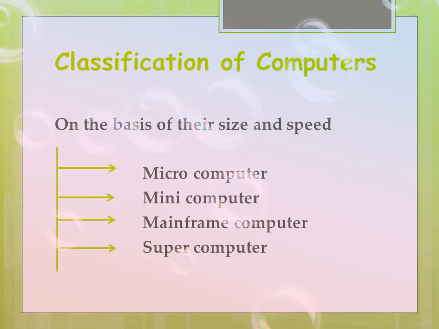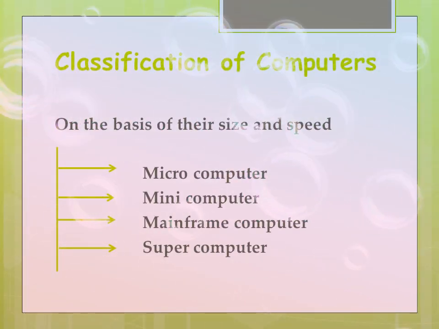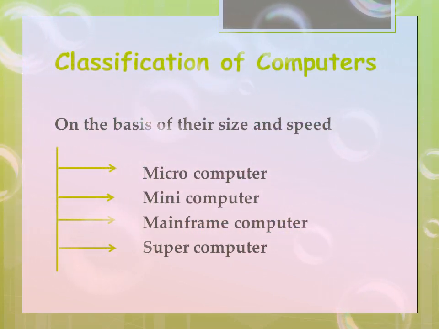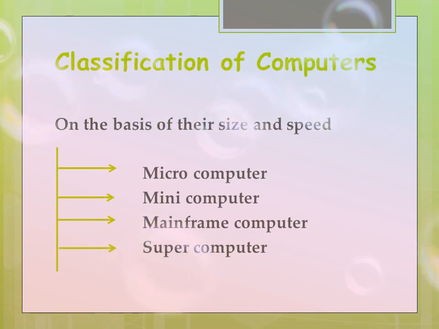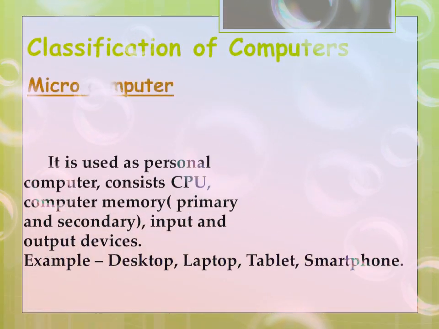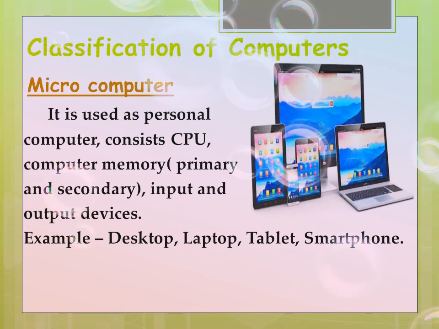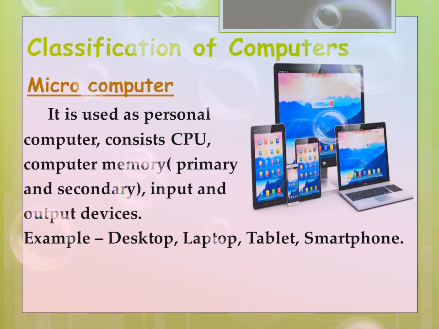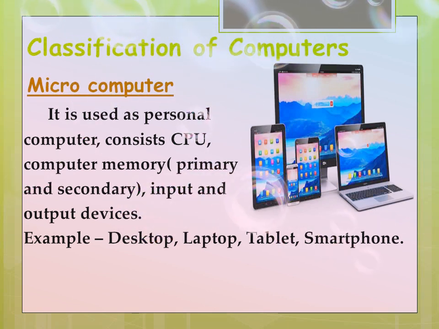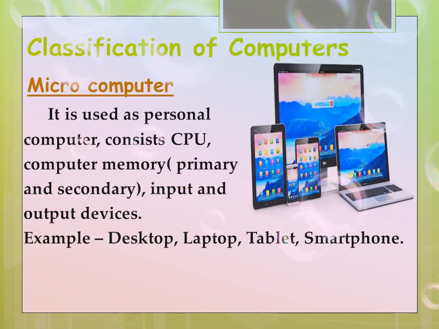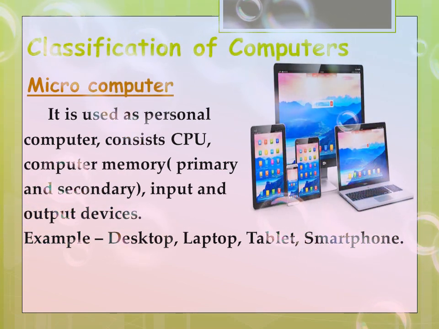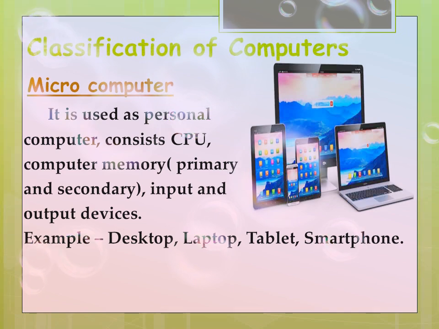Next topic is classification of computers based on size and speed. They are microcomputer, minicomputer, mainframe computer, and supercomputer. First one is microcomputer. It is used mainly as a personal computer, and a personal computer consists of CPU, computer memory, and various input-output devices.